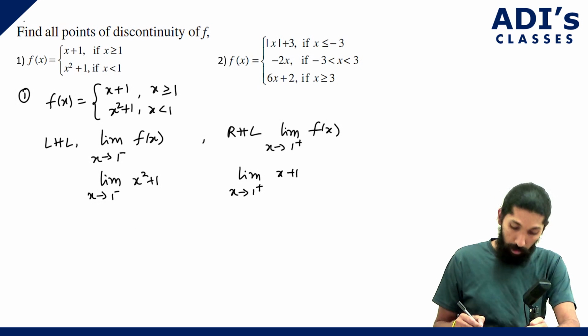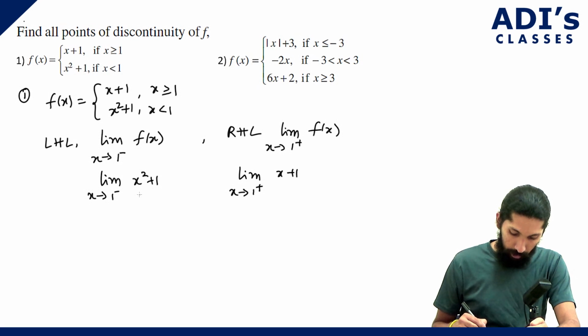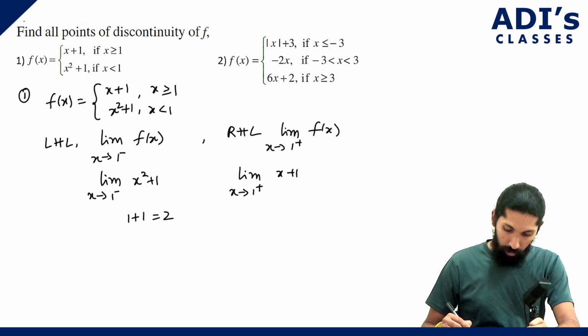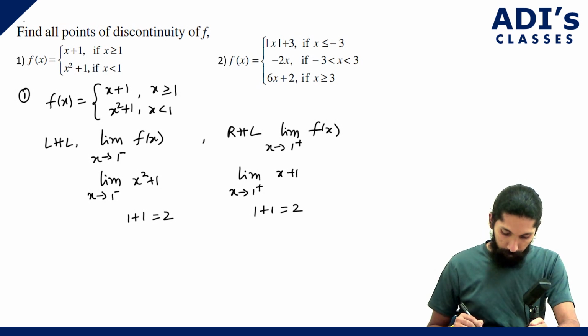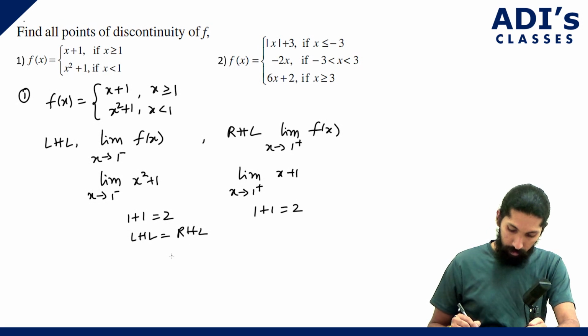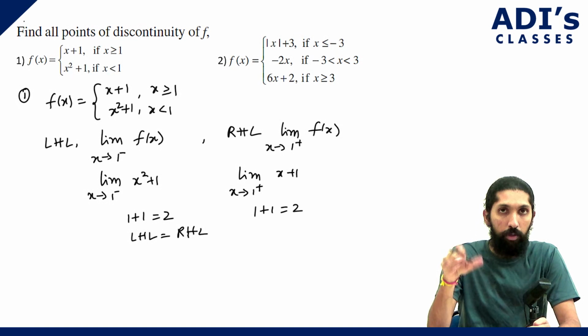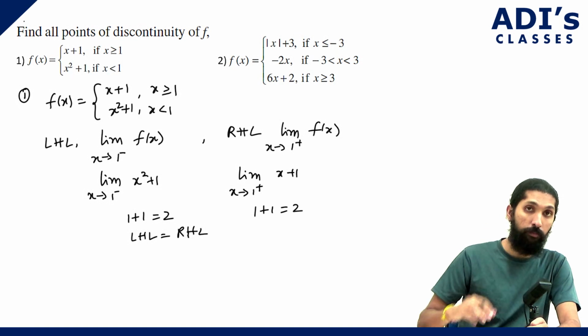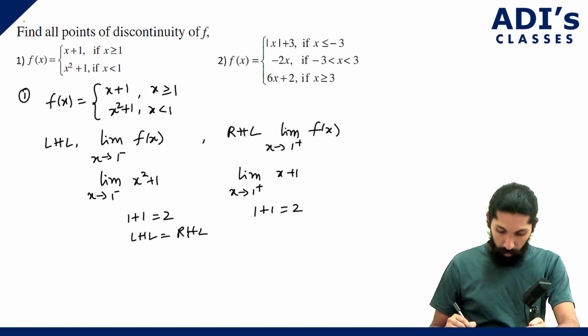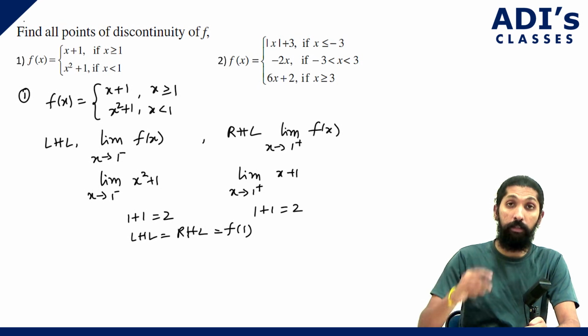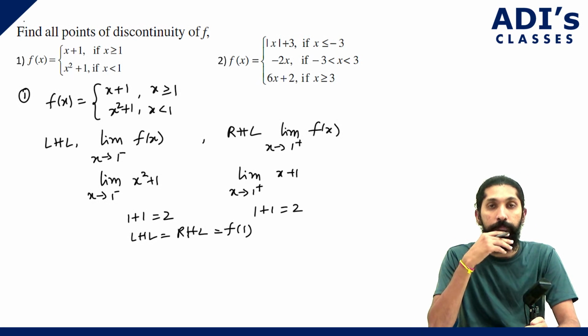Make sense? Now put x value as 1, and this gives 1 plus 1, which is 2. Here also 1 plus 1, which is 2. So LHL is equal to RHL, and this is also equal to f of 1, the value at the particular point.